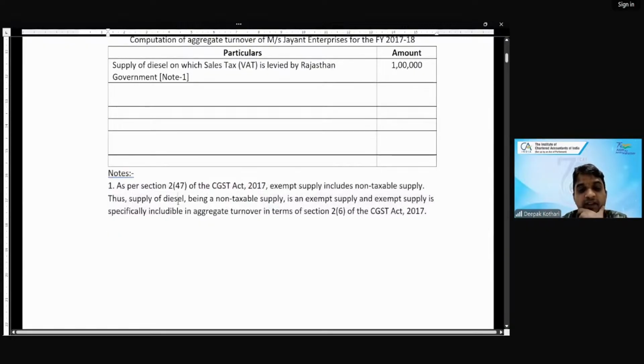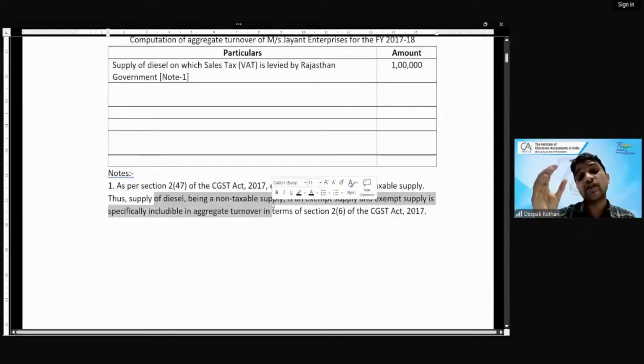Notes, as per section 2 subsection 47 of the CGST Act. It is not very relevant that you give the correct section, but you can just mention as per the definition in the CGST Act, exempt supply includes non-taxable supply. Correct. So exempt supply also includes non-taxable supply, and supply of diesel is a non-taxable supply, which is an exempt supply, and exempt supply is specifically included in the definition of aggregate turnover.